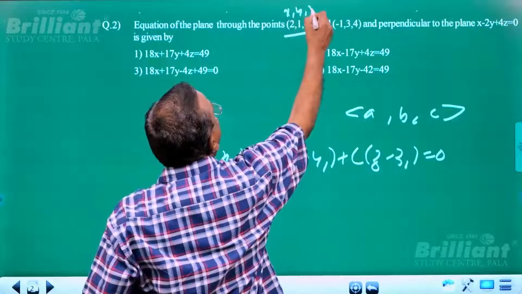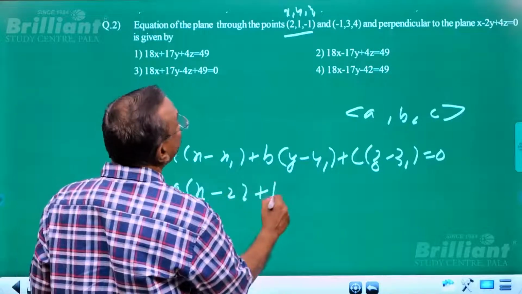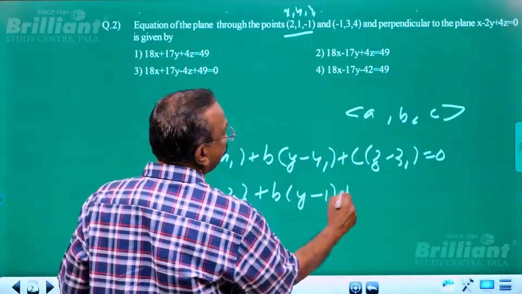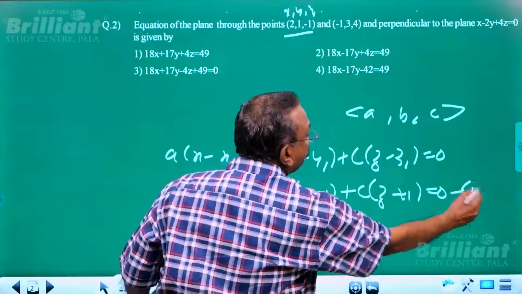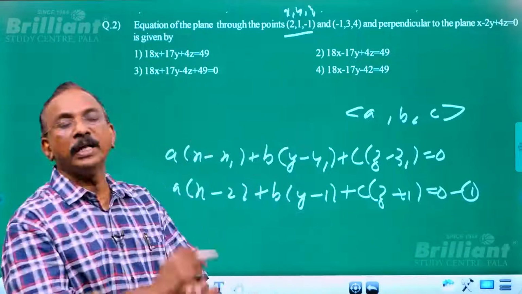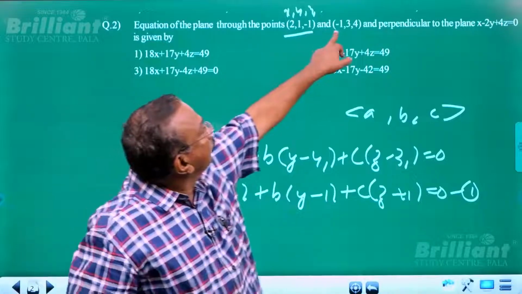Therefore, a into x minus 2 plus b into y minus 1 plus c into z plus 1 is the equation of the plane.